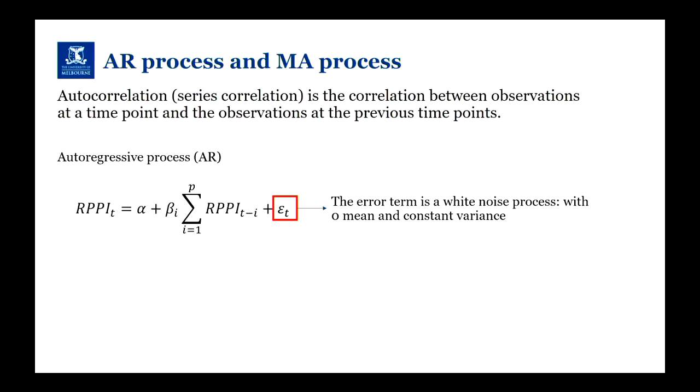So here we can see there is a number of lags, from 1 to p. So the number of lags indicates how many periods the influence can persist. So for example, if p equals 2, that means the influence of its historical value can only last for 2 periods.